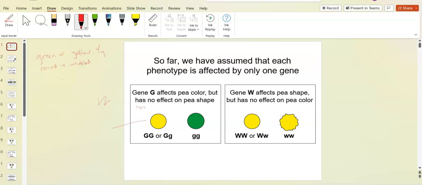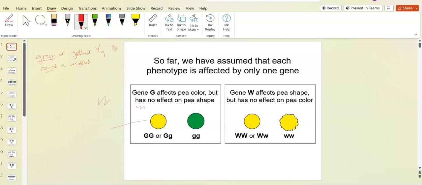And so this is sort of the standard Mendelian crosses that we talked about when we were looking at dihybrid crosses. You remember we could have seeds that were green or yellow, and yellow was dominant. This is using G, which is a weird nomenclature, but it doesn't really matter.